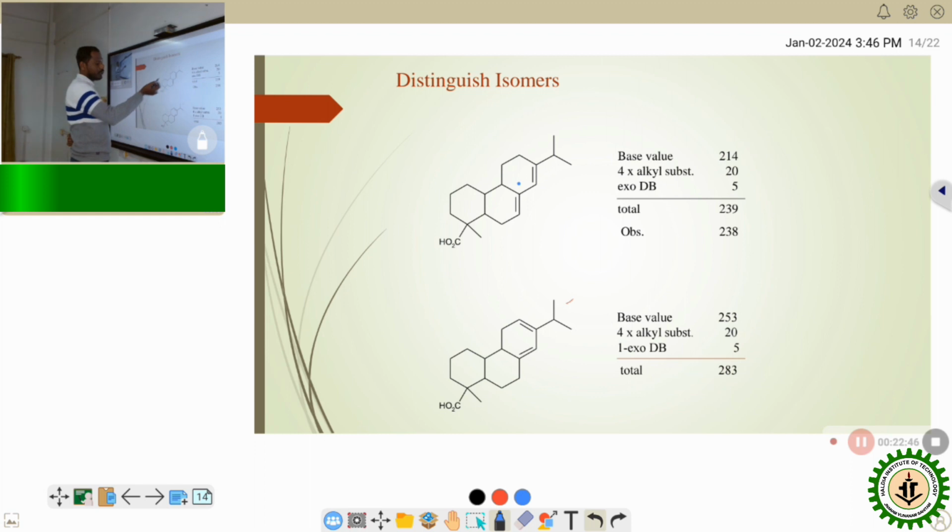This is the heteroannular diene system. This is the homoannular diene system. For homoannular diene system, the lambda max value is more, and for heteroannular diene system, the lambda max value is less. So by using UV-visible spectroscopy, we can also identify which isomer is the homoannular system and which is the heteroannular system.